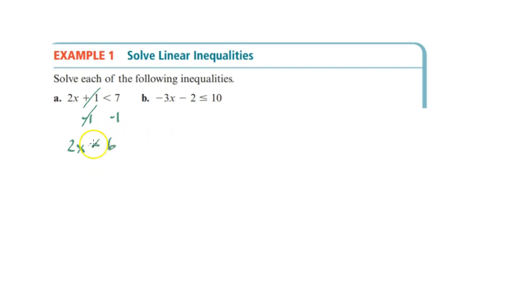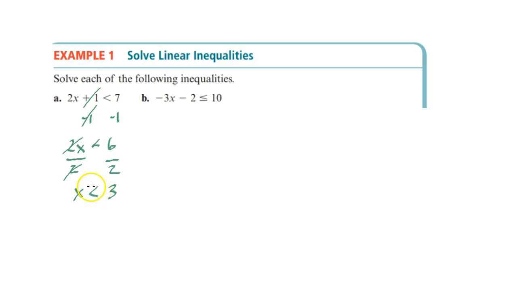Okay, and then as you would imagine, we would then divide by 2 on both sides of the equation, and we would get x is less than, still less than, 3. So you just keep the same inequality so far. As you can see, doing all these operations, we keep the same inequality.